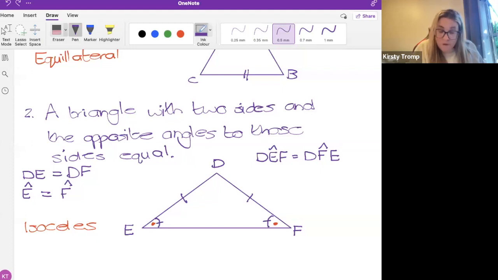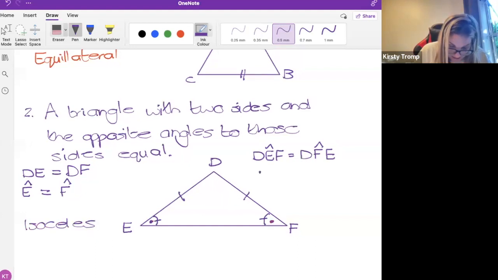Or another way that you can sometimes see it, and you see it in textbooks, and you might see it in your tests, your quiz, is they could say angle DEF is equal to angle DFE. So again, the angle is always the letter that's in the middle.